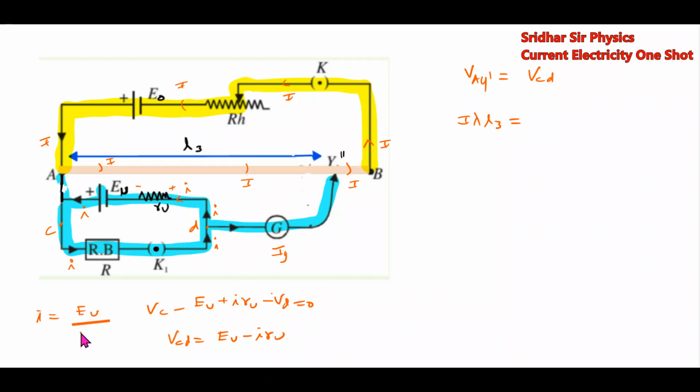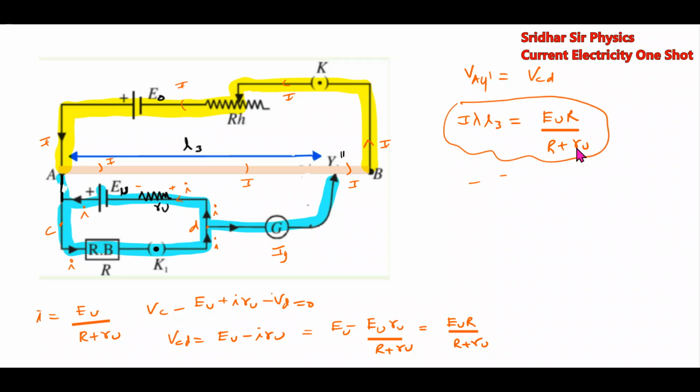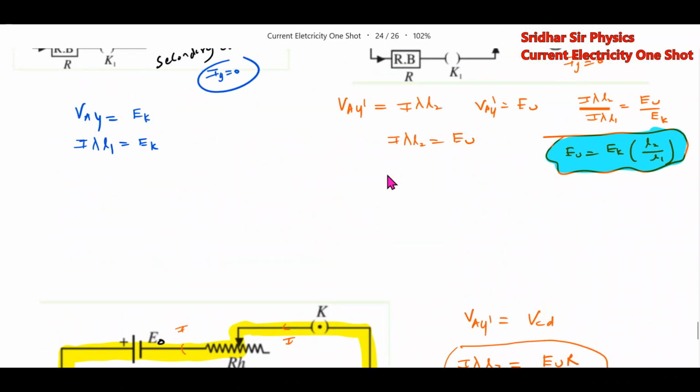I equals EU by R plus RU. So I'll substitute this one: EU R by R plus RU. We already know I lambda L3, and this RU is unknown; from this equation we have to calculate RU, using the previous data.